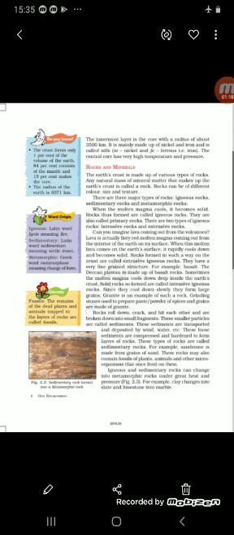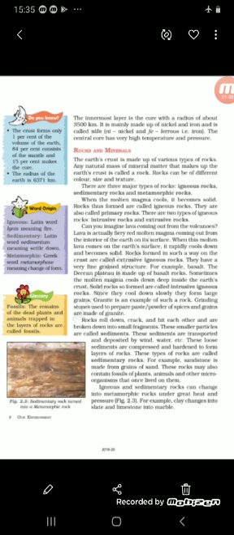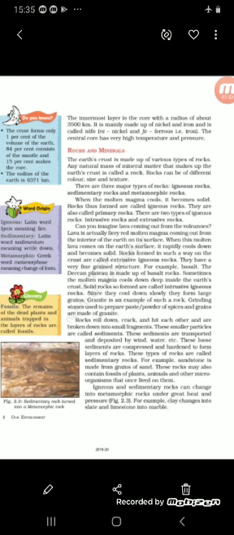Okay, so look at page number 8. Rocks roll down, crack and hit each other and are broken down into small fragments.